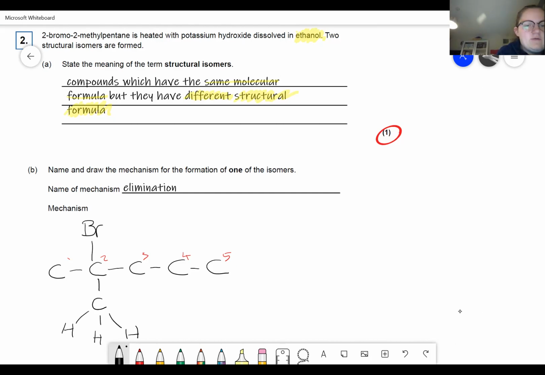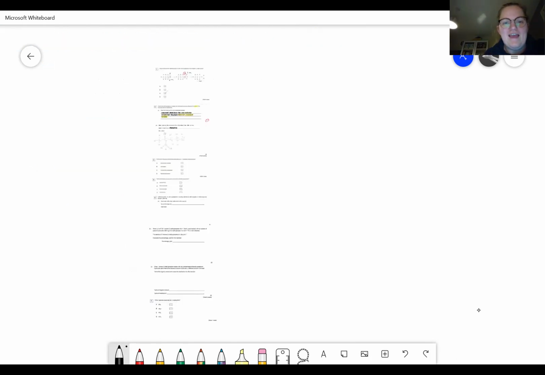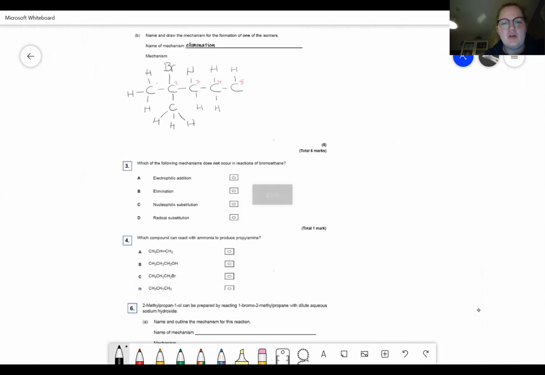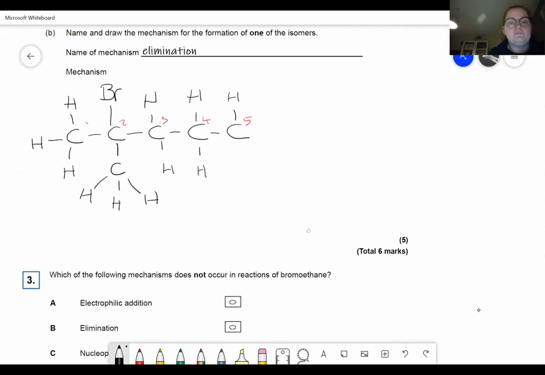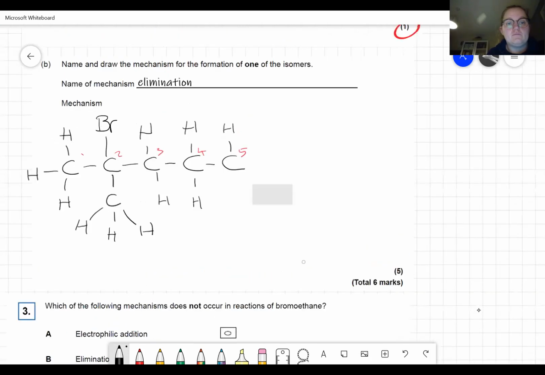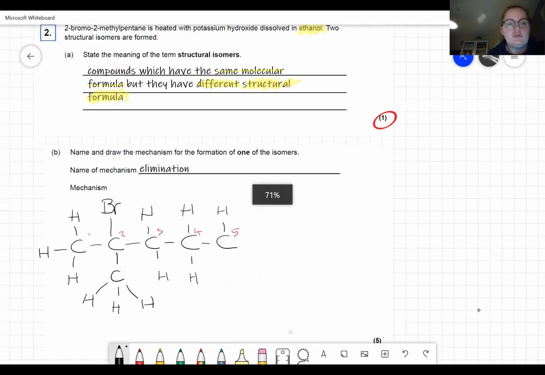And then obviously the only thing we have left to do now is add all our hydrogens on. Make sure you do add all your hydrogens on when you're answering these questions. It's really important because when we're showing the elimination, obviously it's going to involve us using the hydrogens.